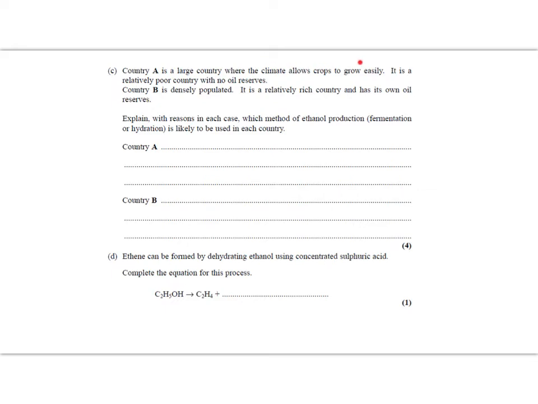The climate allows crops to grow easily, and it doesn't have any oil reserves. So country A is most likely to pick fermentation as a method of producing ethanol.